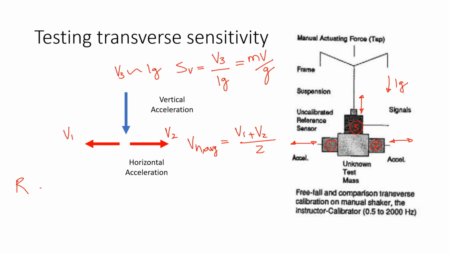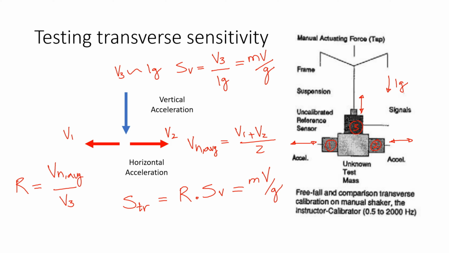This ratio is equal to V horizontal average divided by V vertical. We will take this value and it will help us calculate the transverse sensitivity. So the transverse sensitivity is equal to this ratio multiplied by the vertical sensitivity. And if we do the arithmetic correctly, this should give us millivolts divided by G as well.